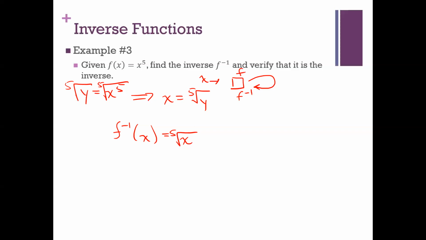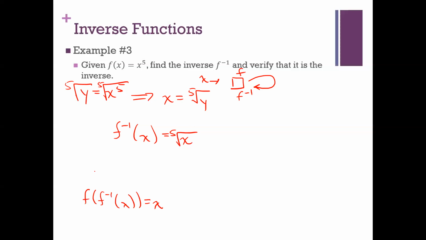So what better come out after we've gone through both steps? Whatever went in, right? So because of that, I should be able to compose the inverse with the function, or compose the function with its inverse, and wind up with x, right? So let's make sure we can do that.